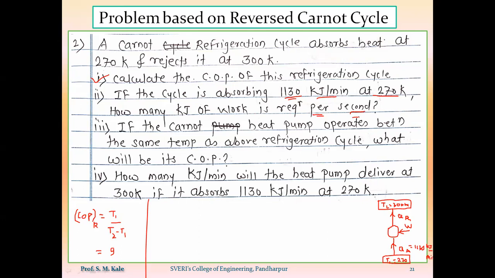That means here they have mentioned the amount of heat absorption for the same system. If you know the amount of heat absorption, they have asked us to find out the work done on the system. So how to calculate the work done on the system? Can anyone tell me?